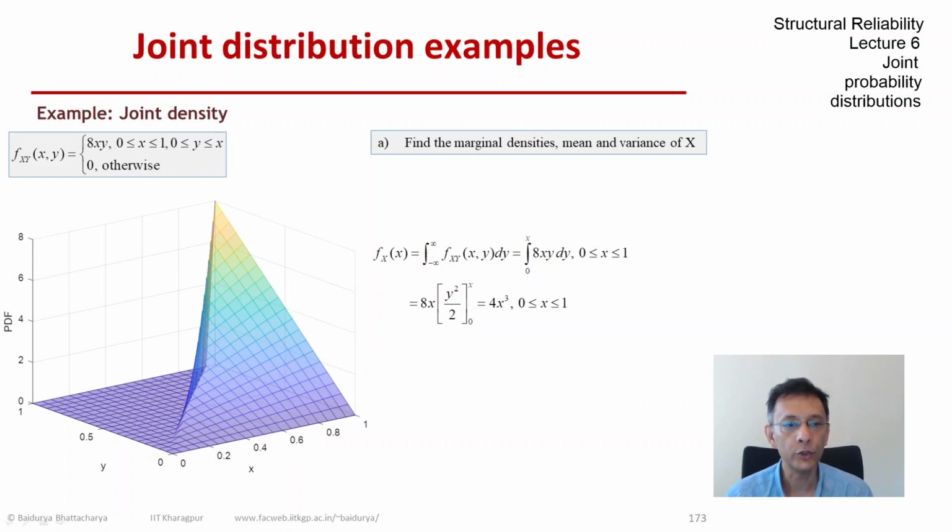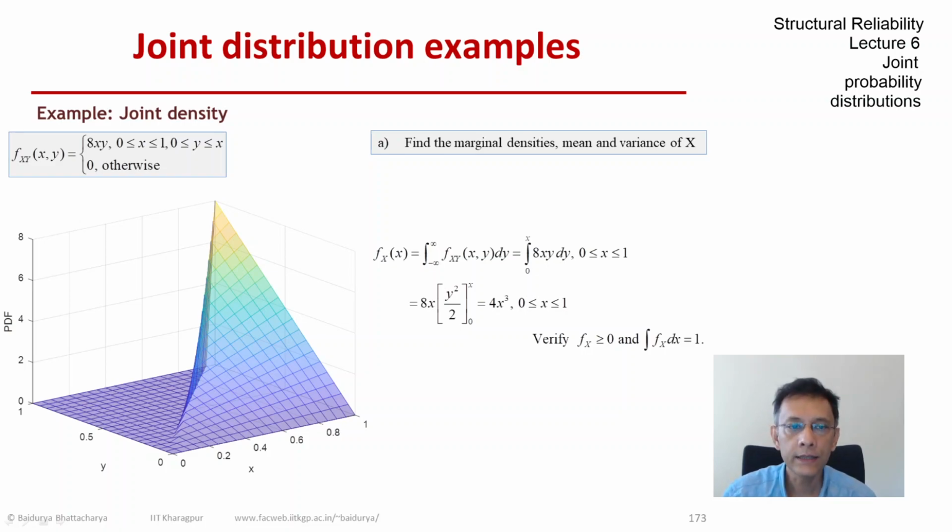And if we do the calculus right, the marginal density of x is simply 4x cubed between 0 and 1. And it's a good idea to check that it is a legitimate density function. So we need to verify that it's non-negative and it integrates to 1, which it does.